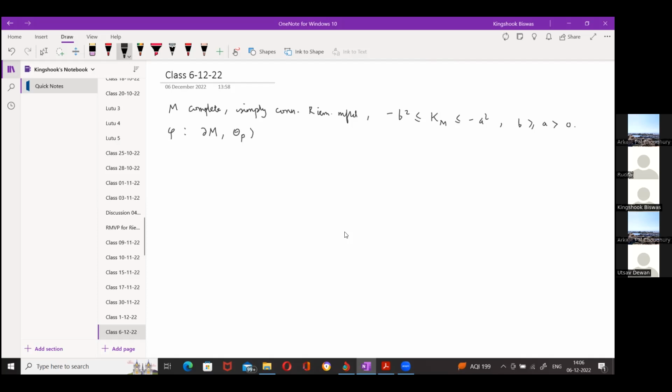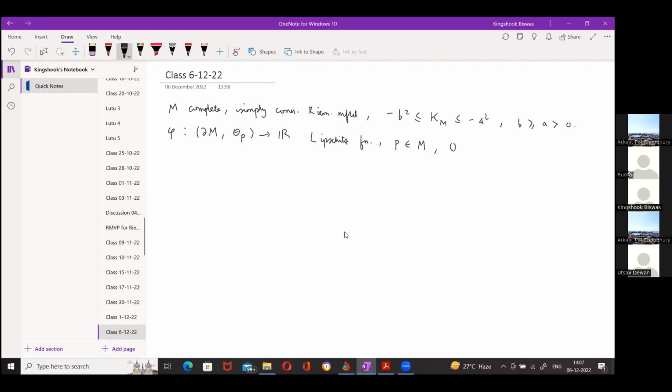So here Lipschitz is with respect to an angle metric based at some point P in the manifold M, right? Here P is an element of M.